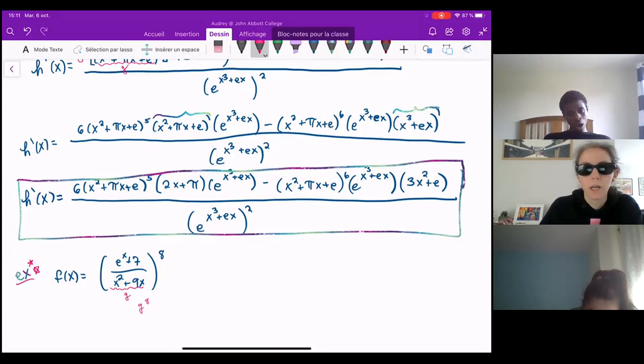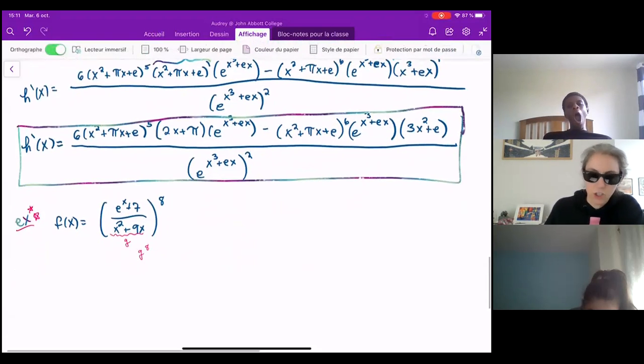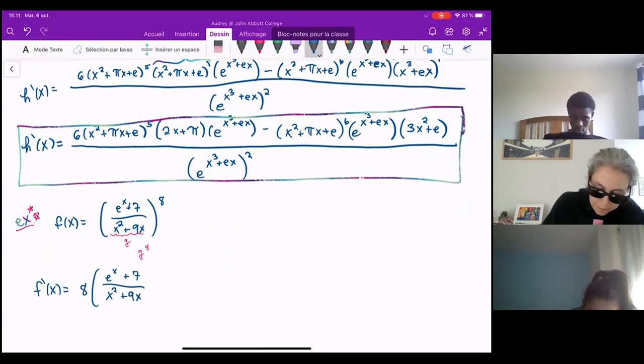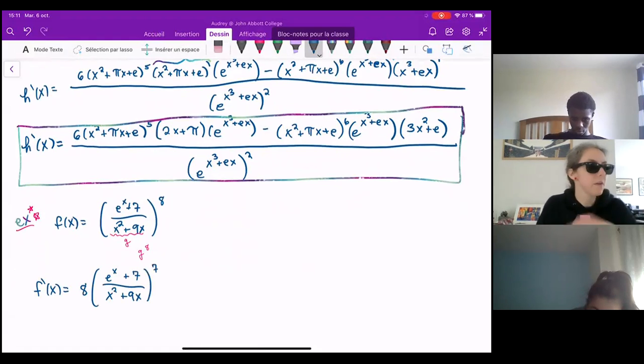So I'm going to be doing a chain rule here, where that inside function, that quotient, is my g. So my f prime of x, I'm going to move the 8 down. Remember, I don't touch what's inside. I'm just applying my power rule, e to the x plus 7 over x squared plus 9x to the power of 7. And then that inside thing, I pull to the outside. And I put a prime.